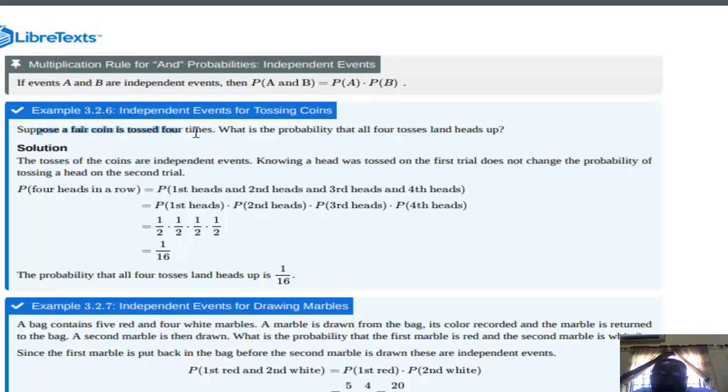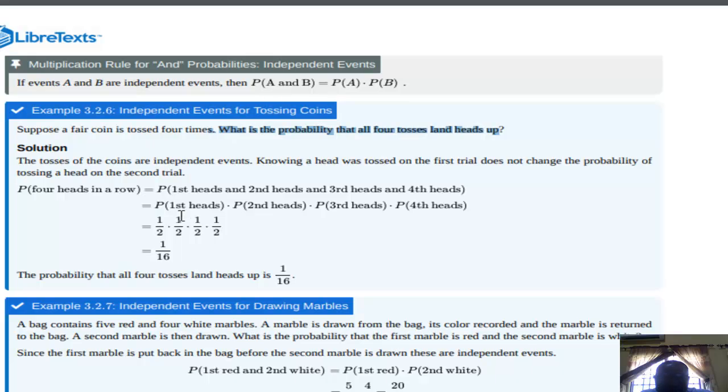So let's take this example. Suppose a fair coin is tossed 4 times. What's the probability that all 4 tosses land heads up? I've already told you that these are independent events. So using this formula, the probability that all the tosses land heads up in 4 trials is the probability that the first trial is head, the second trial is head, the third trial is head, and the fourth trial is head.